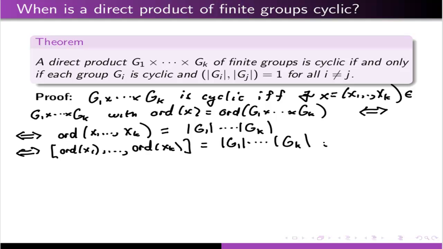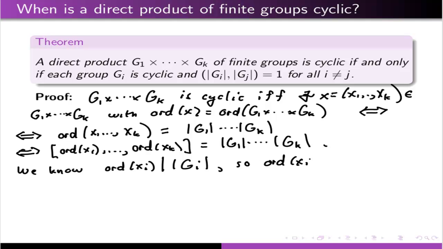We know that the order of xi is always going to be a divisor of the order of Gi. xi is an element of this finite group, so the order of xi in particular is less than or equal to the order of Gi.